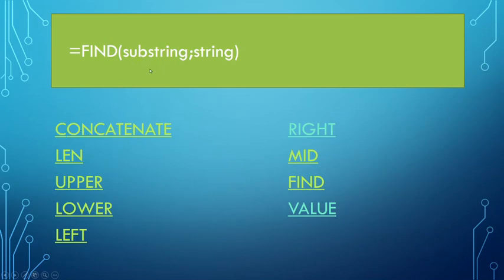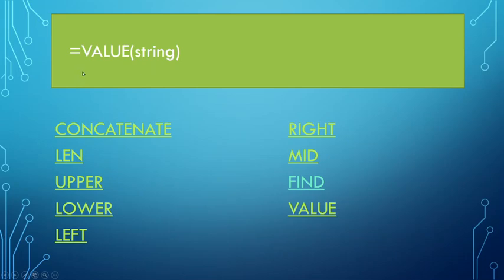It will be position 5 and not 9. Okay, and then value: we simply have a text which will then be converted into a number. If that cannot be done, because there are letters in this text, then there will be an error message.